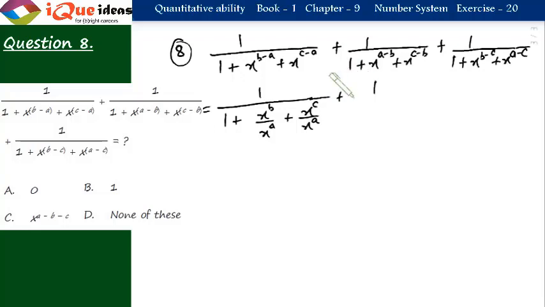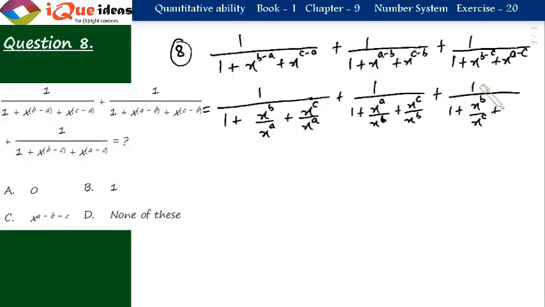The next one can be written as 1 plus x raised to the power a upon x raised to the power b plus x raised to the power c upon x raised to the power b. The third one can be written as 1 upon 1 plus x raised to the power b upon x raised to the power c plus x raised to the power a upon x raised to the power c.